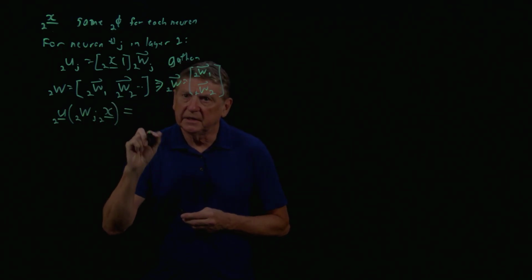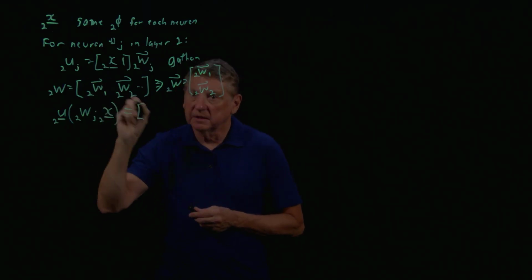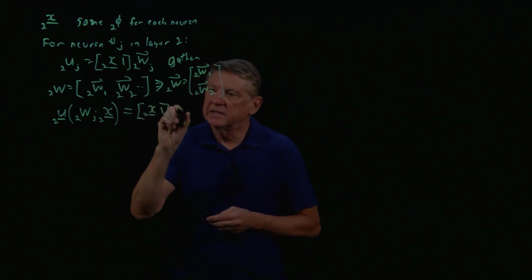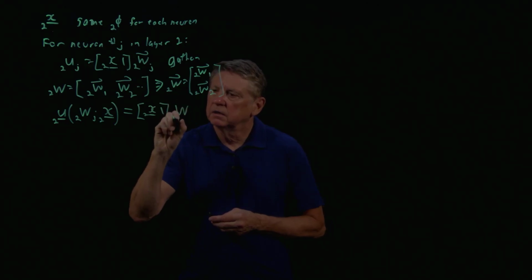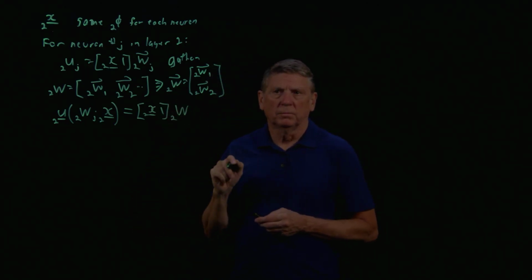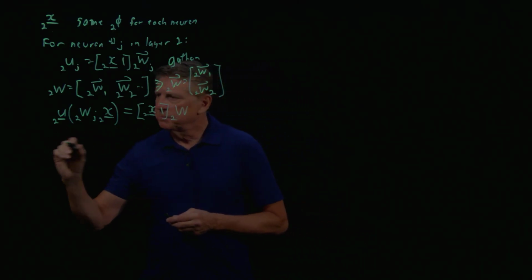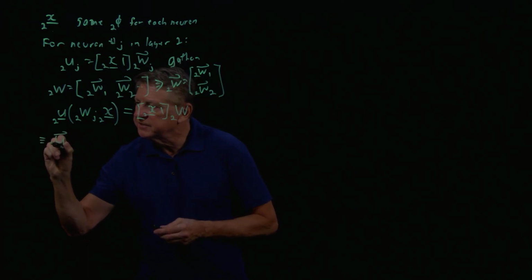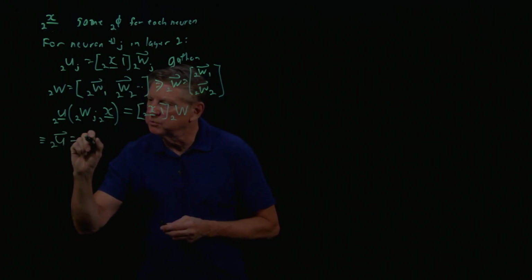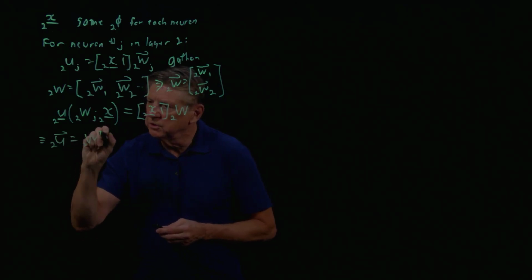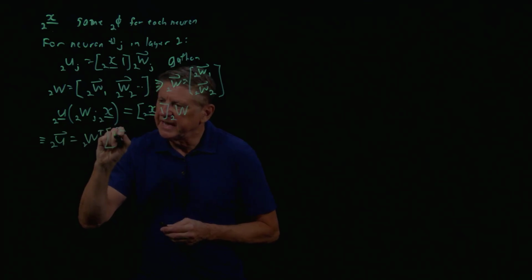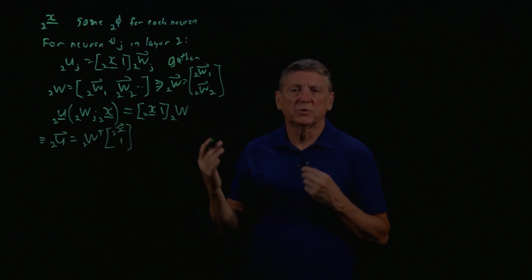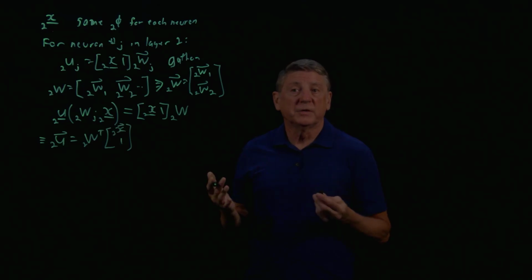It's equal to, here we take the observation and multiply it by the weight matrix. So that will give us a 1-form. And we could transpose that, so that's equivalent to saying that the vector is, if we transpose this, W2 transpose times the data vector X with a 1 augmented.